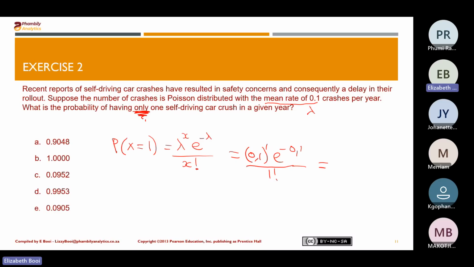If you have a Casio calculator, you can use your fraction button and do 0.1 to the power of 1, which is the same as 0.1, times e to the power of minus, using the second function. When you use the minus, remember that on the Sharp calculator it's a plus or minus key. On a Casio, you must use the negative sign in the bracket.